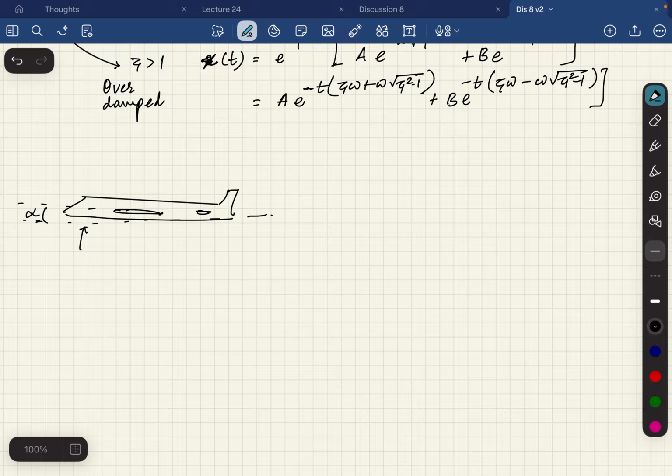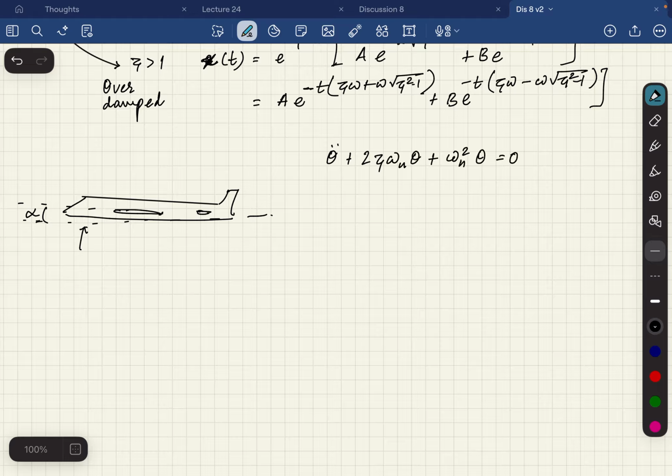And you'll find out that when you write down the complete linearized equation, this also comes out to be something like theta double dot plus 2 zeta omega n theta dot plus omega n square theta.